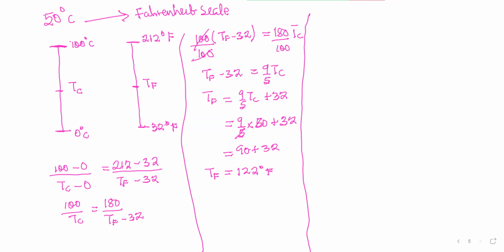When it is measured by a Fahrenheit thermometer, it is found to be X degree Fahrenheit as well. So X Kelvin, and when using a Fahrenheit thermometer, it is also X degree Fahrenheit. What is the value of X?